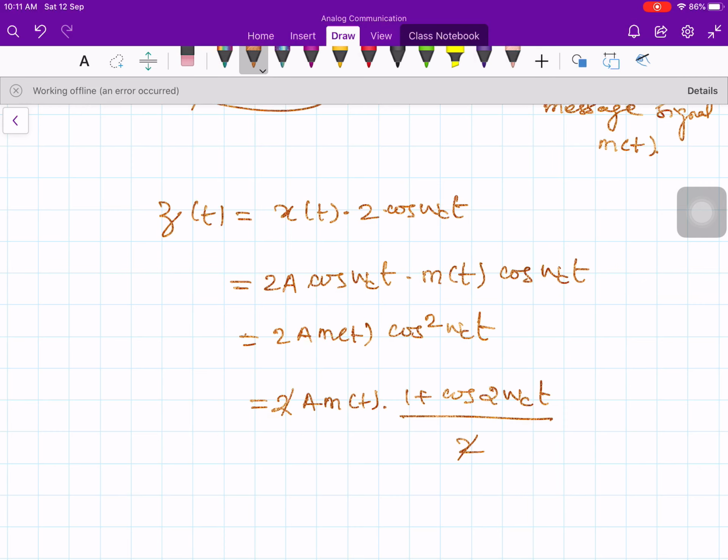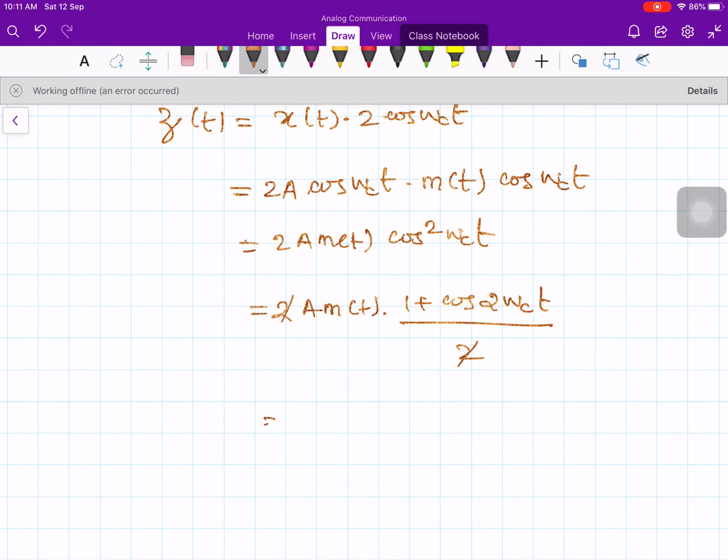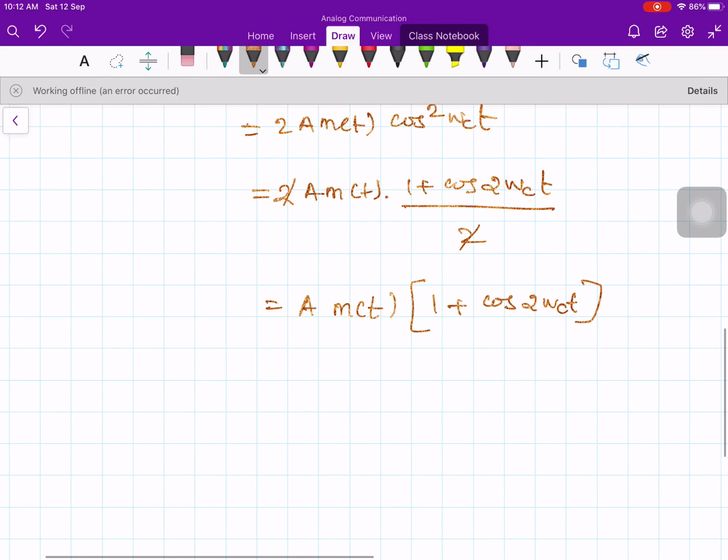This 2 and that 2 will get cancelled. So it is equal to A times m of t multiplied by 1 plus cos of 2 omega c t. So this is equal to A times m of t plus A times m of t cos of 2 omega c t.